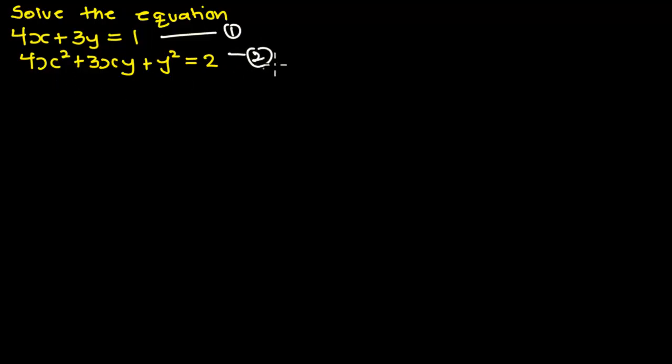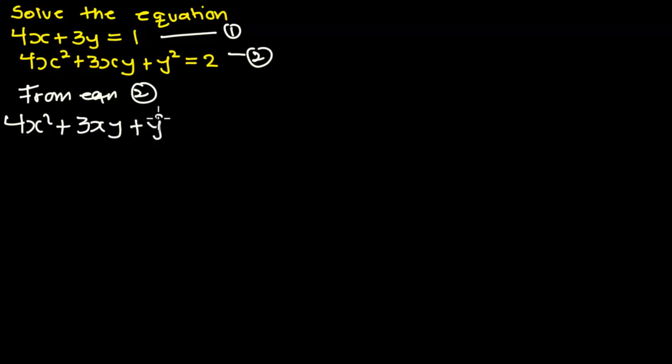So let us consider equation 2. We are given 4x squared plus 3xy plus y squared is equal to 2. From here, with the first two terms, I'm going to factorize x out since I have x in common. So you have x multiplying 4x plus 3y, plus y squared is equal to 2.